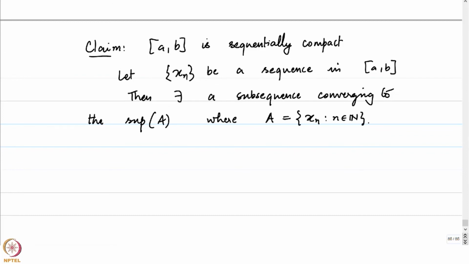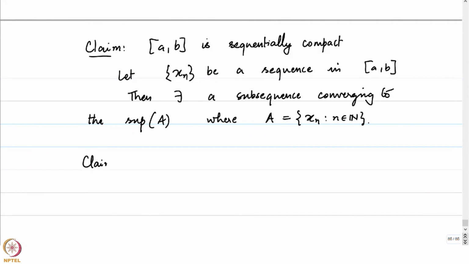I'll assume this from your real analysis course. And that tells us that AB is sequentially compact, right? The moment we have any sequence, we have a subsequence which is converging to the supremum, and therefore we have a convergent subsequence. Therefore, the interval AB is sequentially compact. This completes the claim of this proof.